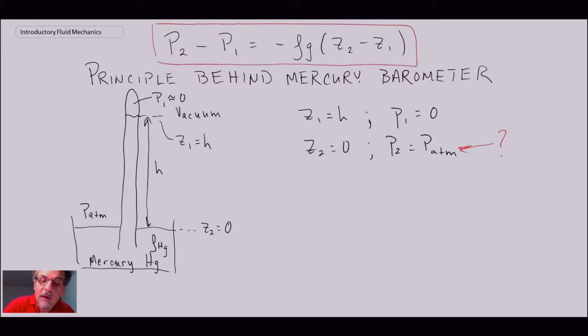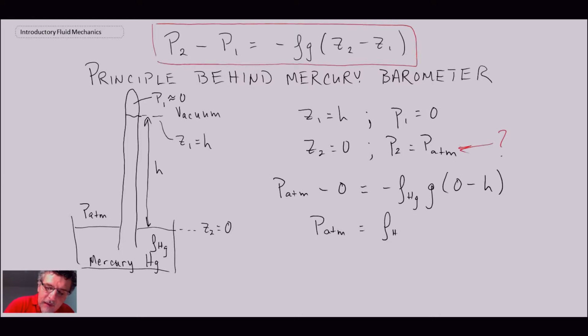So using the equation for hydrostatic pressure distribution in a liquid, we can write P atmosphere, which is P2, minus P1, which is 0, equals minus rho, and we're talking the density of mercury, times the gravity constant, times z2, which is 0, minus h. So what we end up with is P atmosphere equals the density of mercury times the gravitational constant times h.